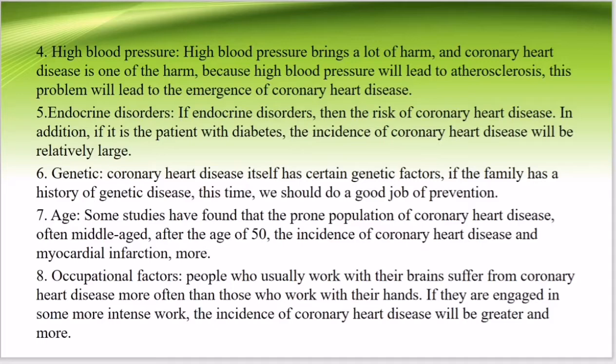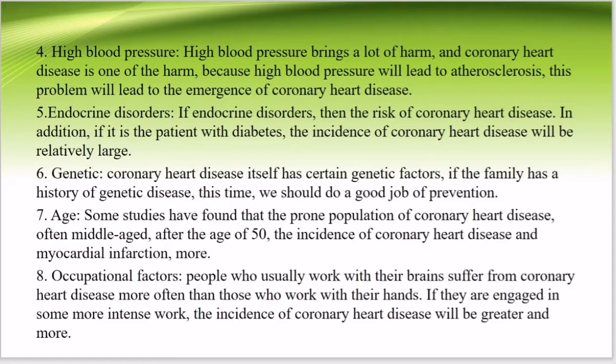Genetic. Coronary heart disease itself has certain genetic factors. If the family has a history of genetic disease, then we should do a good job of prevention. Age. Some studies have found that in the prone population of coronary heart disease, middle-aged people after the age of 50 have more incidence of coronary heart disease and myocardial infarction.